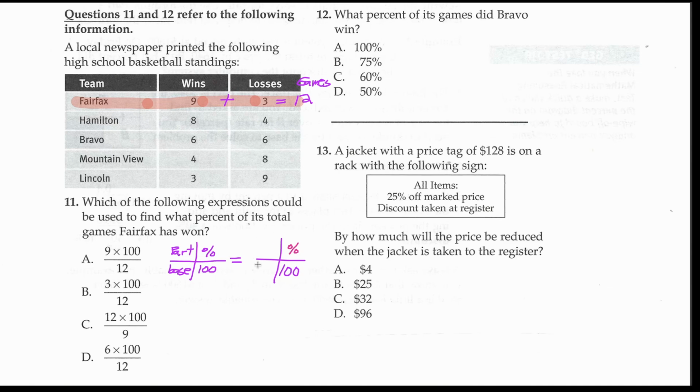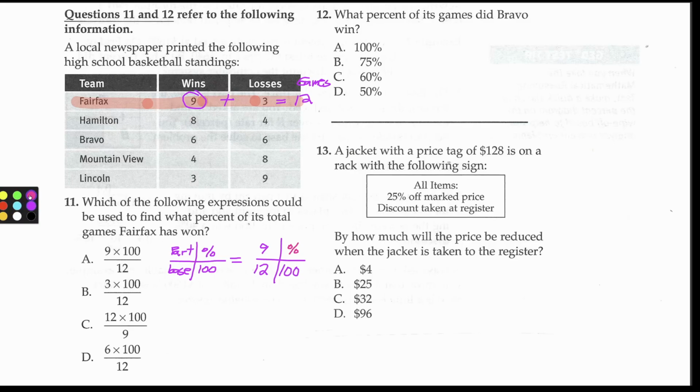Total is 12. Put 12 under here. That is next to the 100%. Has won. Of course, we know that it's 9 right here. They won 9 games out of 12 games, but we don't know what percent. So they don't want us to solve for the whole thing. They just want us to express or do the setup only. So in this case, we are going to multiply.